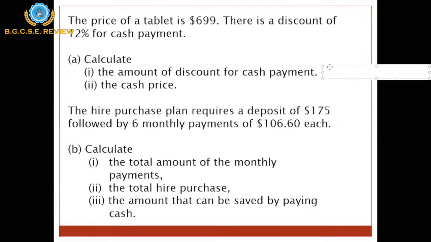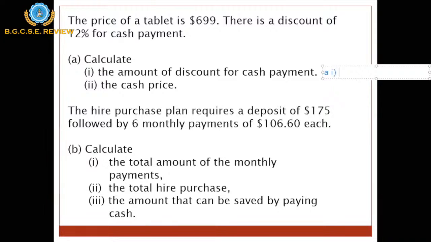There's a discount of 12% for cash payments. A, calculate the amount of the discount for cash payment. Well, they say they're going to take 12% off. So for part A, I first need to know what 12% of $699 is.